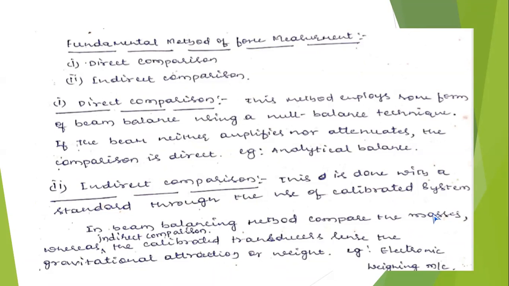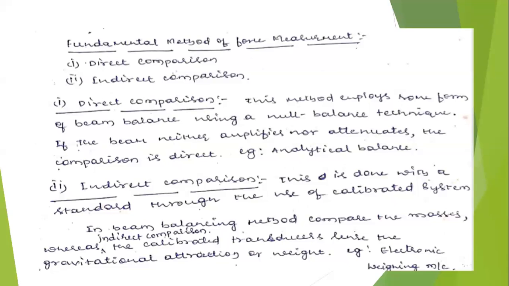So in this weighing machine, what will happen? If you keep any mass or sugar or anything on the platform of the electronic weighing machine, the unknown mass exerts a force on the platform.